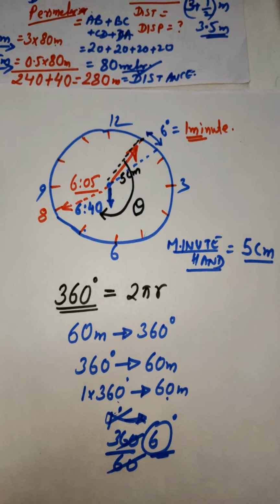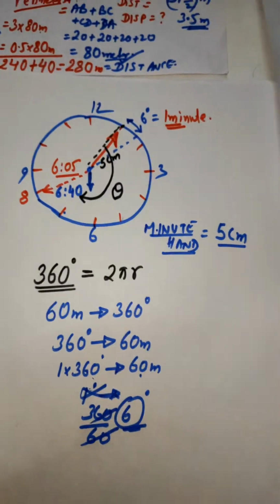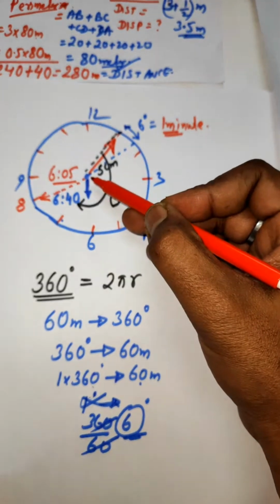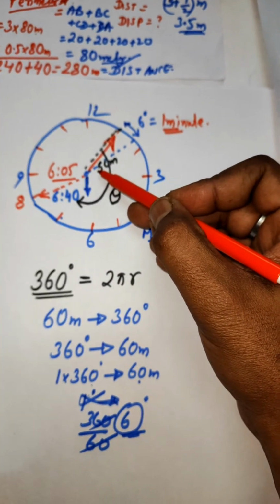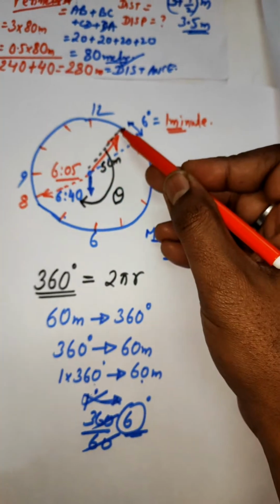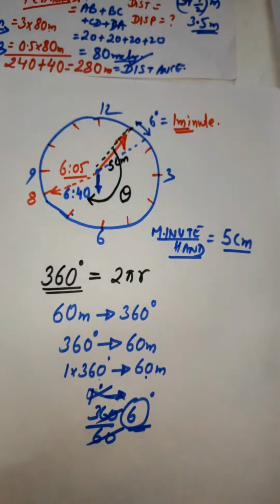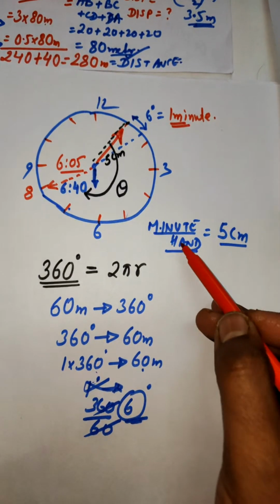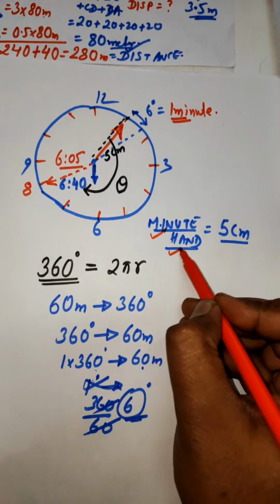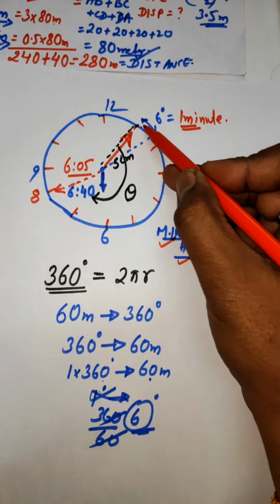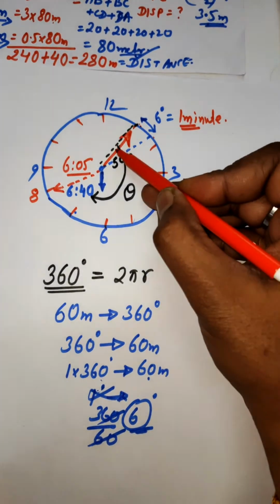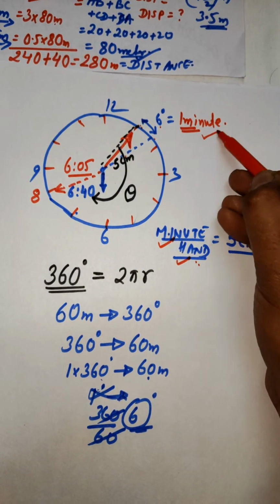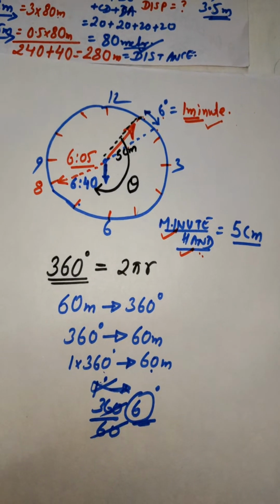So in 6 degree of angular displacement, 1 minute is counted on the clock. And we have the hour hand, but don't forget that we are solving this question for the minute hand. Just mention it over here, minute hand.